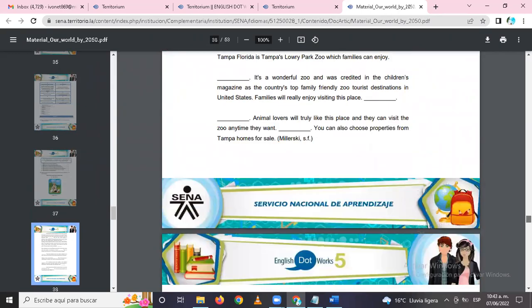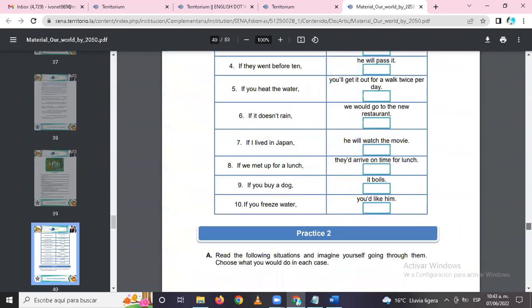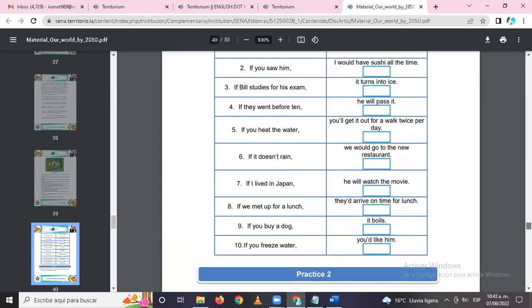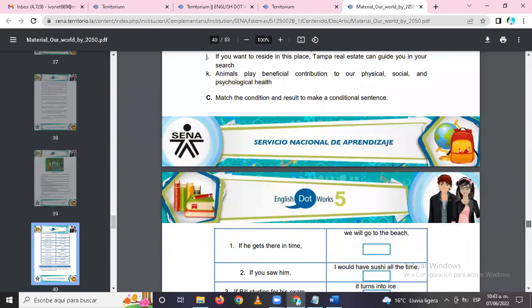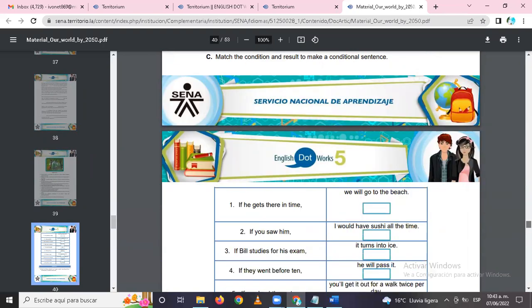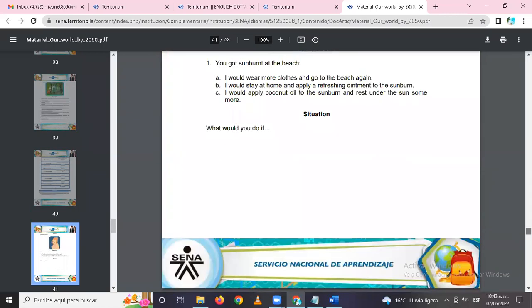I would like some exercises on conditionals. This one is simple, you know. Match the conditional result to make a conditional sentence. Practice 2.